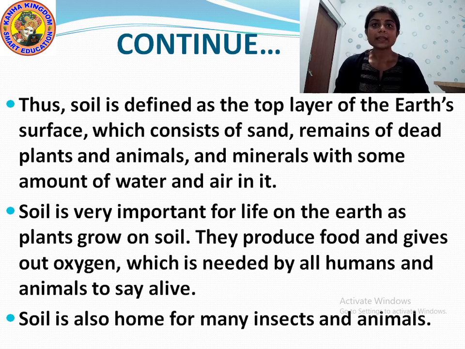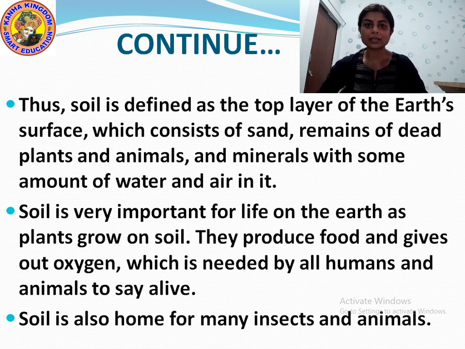Soil is very important for life on the earth, as plants grow on soil. Why? Because plants, which are very important for human beings, grow on the soil. Without plants, can we get food? And if we do not eat food, we will die. So soil is very important for life on the earth as plants grow in the soil.